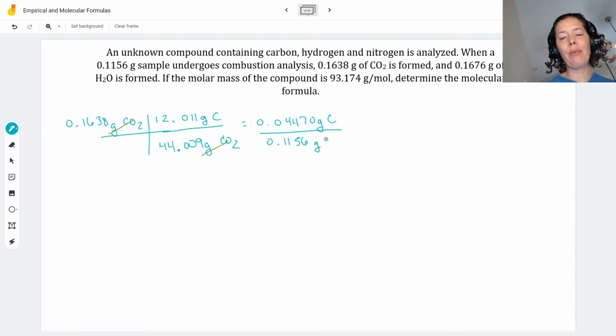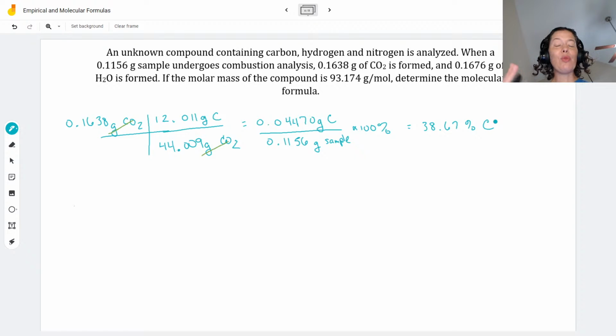This is my grams of sample. And what this will do, times 100%, is give me my percent carbon in my original sample. All right, so if you do this calculation, we get 38.67% carbon. Now, that puts us right where we were with our easier problems when we started with percent composition.